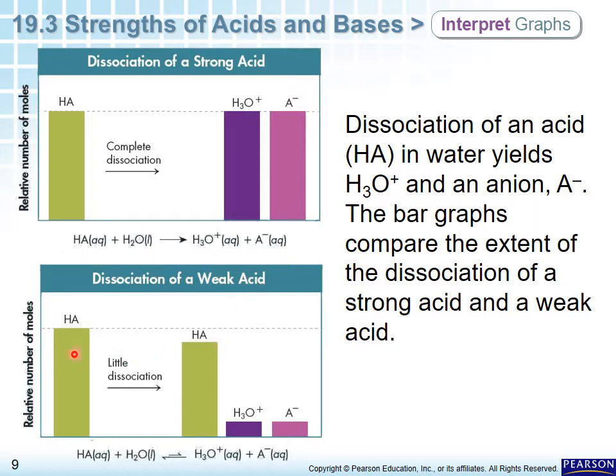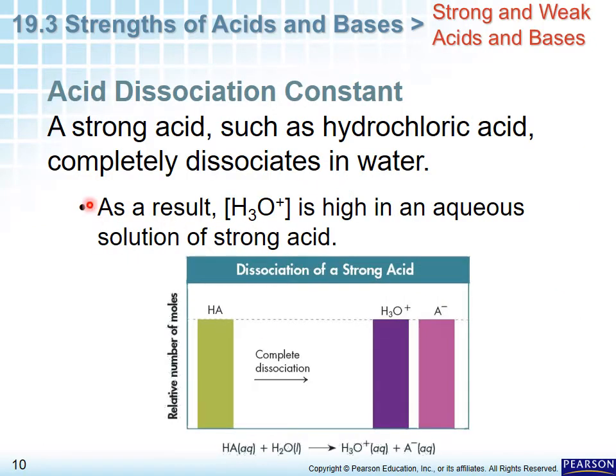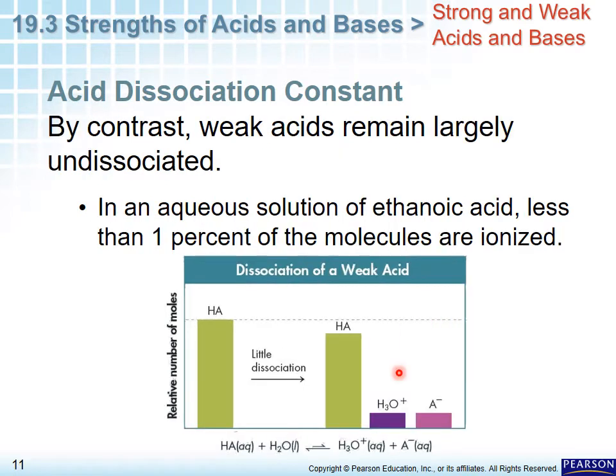Now for a weak acid, you can see only a few, very much less than 1%, are going to dissociate. The rest remains the same. So that's why we call this a weak acid. Strong acids such as hydrochloric acid completely dissociate in water. As a result, H3O positive is high in the aqueous solution of a strong acid, as I explained on the previous slide.